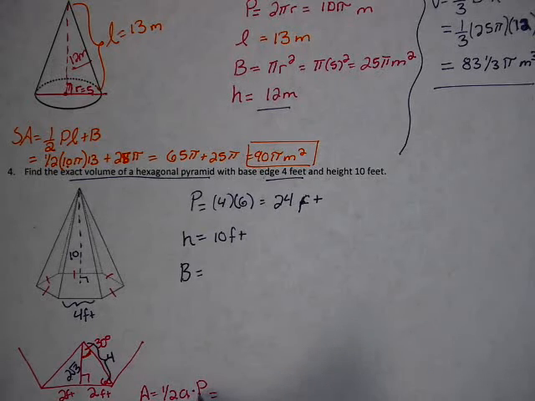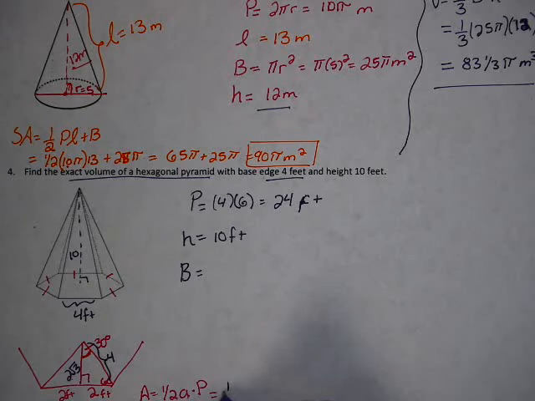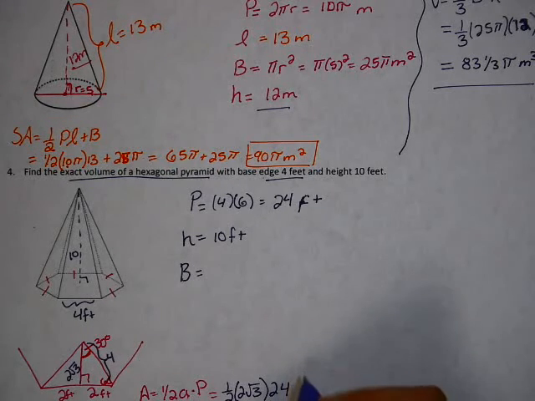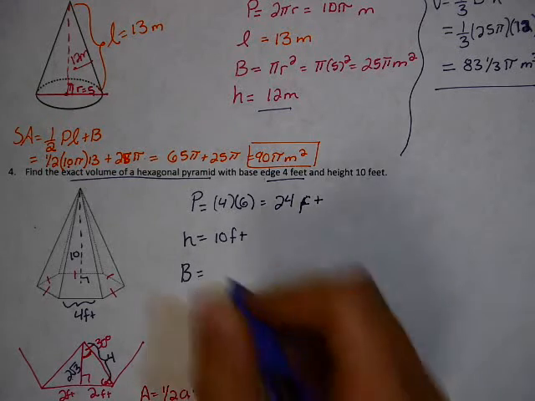Okay. Well, the nice thing is we already have the perimeter from up above, and we have 1/2 times 2 root 3 times 24. So we have 1/2 times 2 is 1, 1 times 24 is 24. So the area is 24 square roots of 3 feet squared.